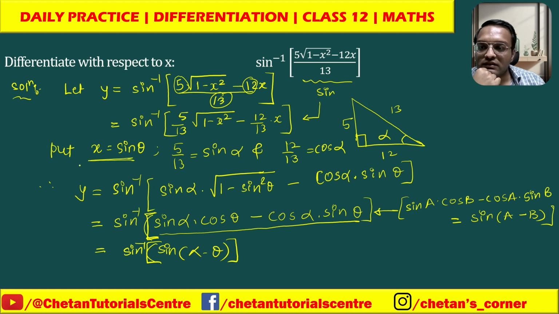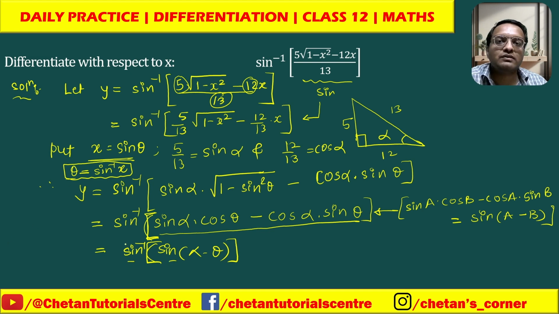From this equation I will find out the value of theta, which is equal to sine inverse of x. Now this sine inverse and this sine, both will get cancelled. Then what will I be left with? y is equal to alpha minus theta.